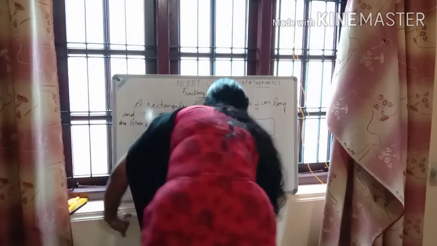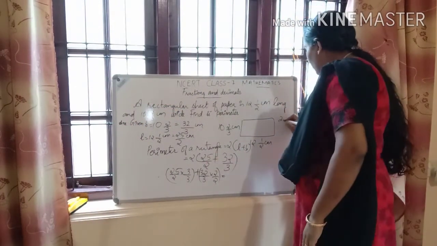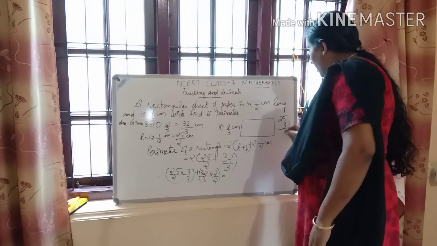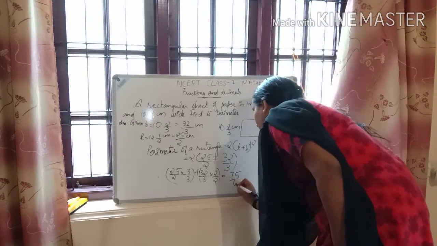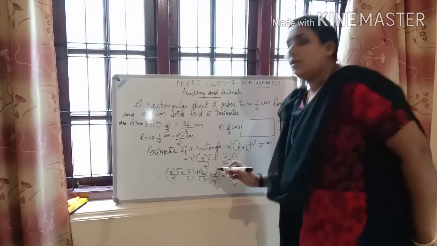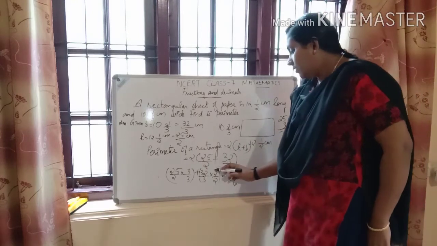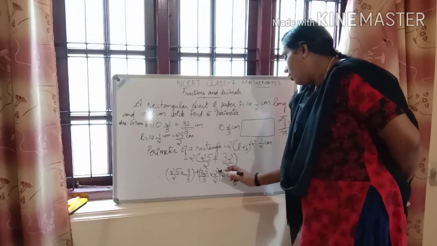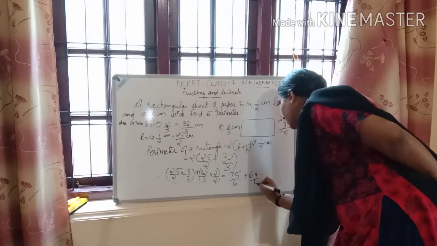That will be equal to 25 into 3, that is 75 by 6, plus 32 into 2, that is 64 by 6.